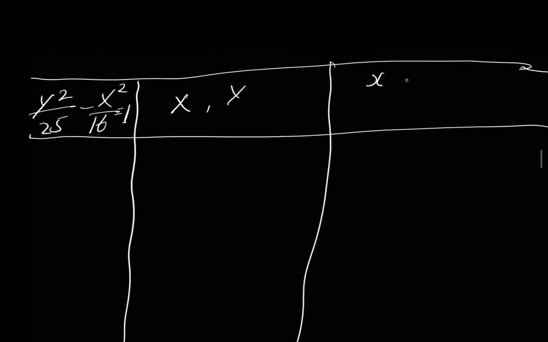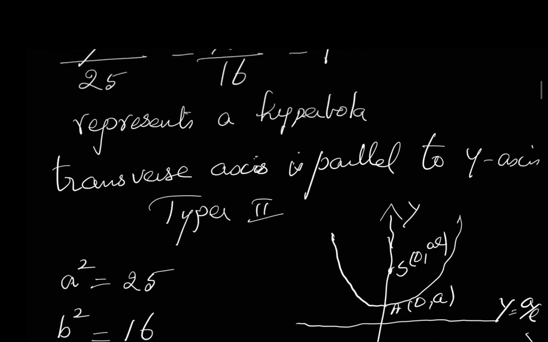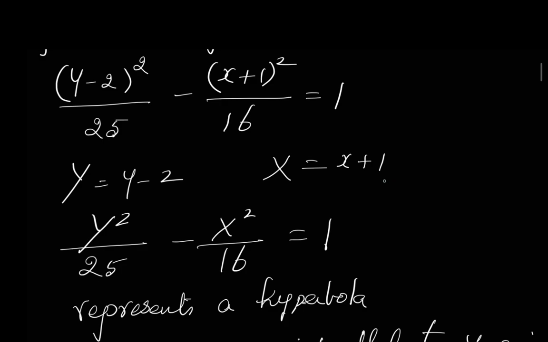See, we have the tabular column. Let me write the hyperbola equation here. Capital Y squared by 25 minus capital X squared by 16 is equal to 1. See, this is in terms of capital X and capital Y, and here you will get in terms of small x and small y. So just write what is small x and small y. What you have taken capital X as here, x plus 1, so small x is capital X minus 1.